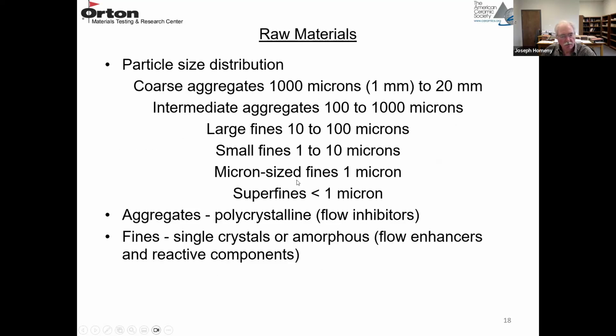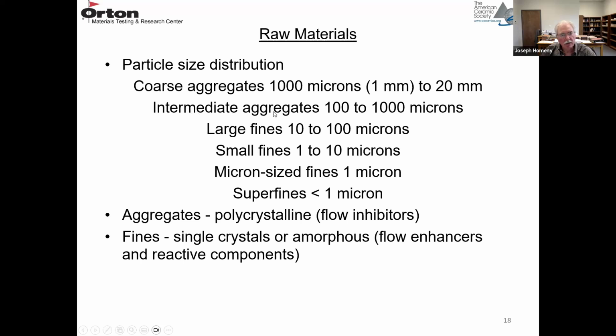So the different kinds of raw materials, we've gone over just about all the different kinds of raw materials available, but this is a typical particle size distribution. The coarser aggregates start out maybe 1,000 microns, 1 millimeter, and go up to maybe 20 millimeters.